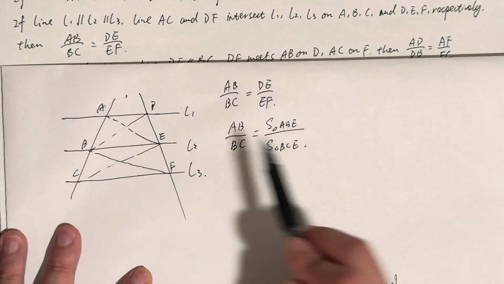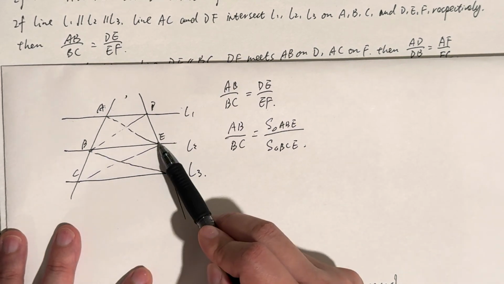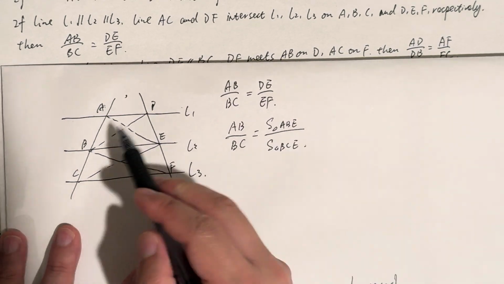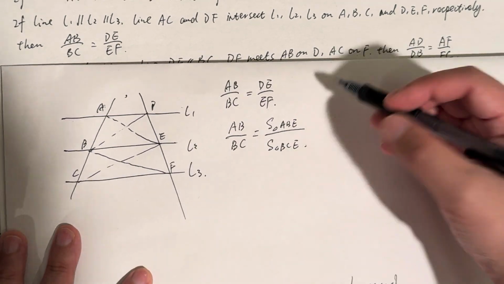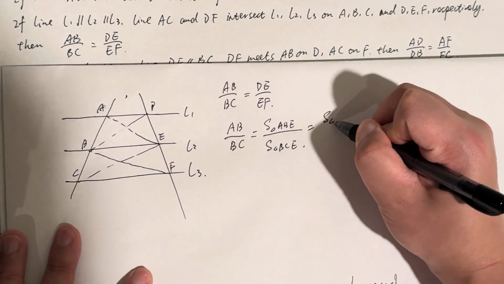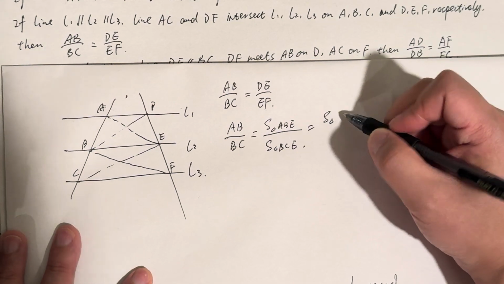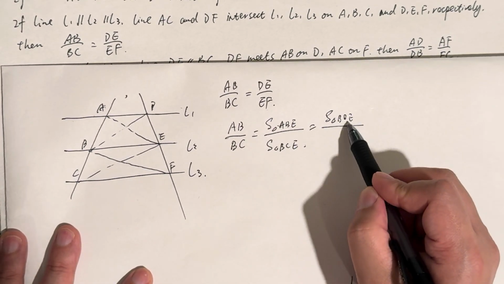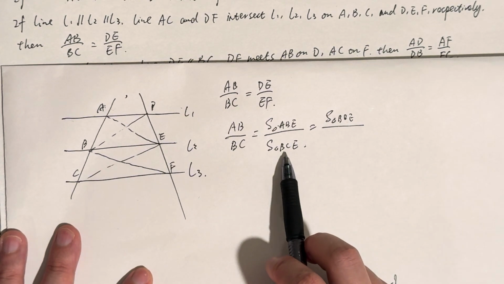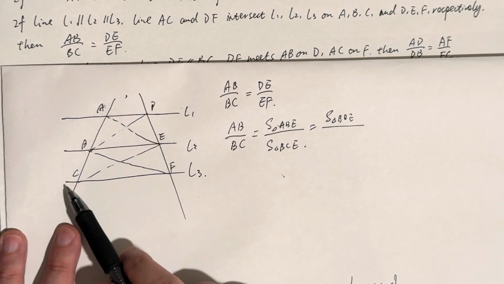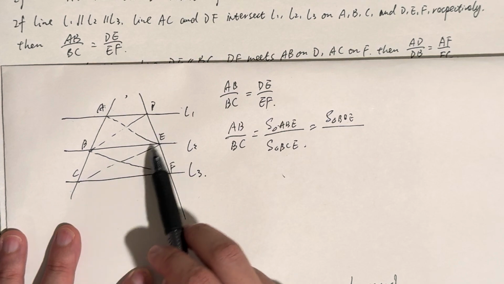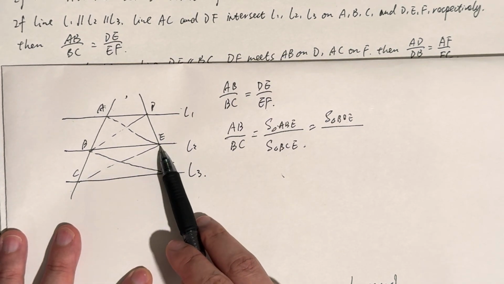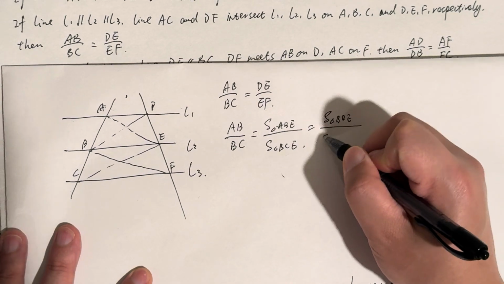And because the area of triangle ABE equals the area of triangle BDE, right? Because L1 is in parallel with L2, that's what we just learned. So that equals the area of triangle BDE, right? And the area of triangle BCE equals the area of triangle BFE, right?